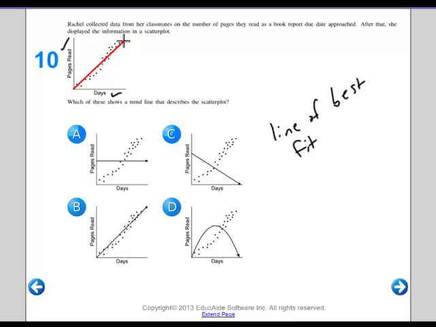And what we would do with that line of best fit is we could determine the equation for it, and then we could extrapolate into the future by substituting numbers in for either the x or y to determine the other, whether it's pages read or days. So which one of our answers matches that? Right over here. So B is our answer.